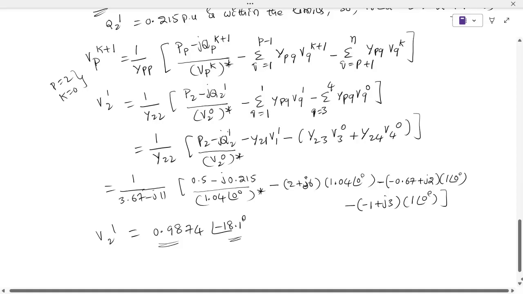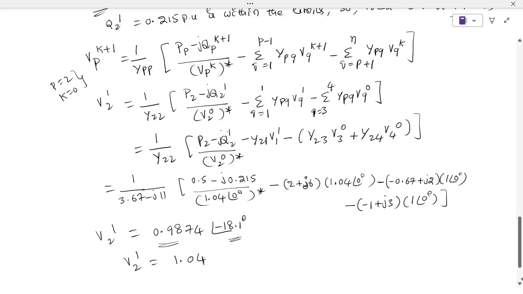Now our actual V21 value will become 1.04 at an angle minus 18.1 degrees. That is in polar form. If you write it in rectangular form, 0.989 minus J0.32 per unit.